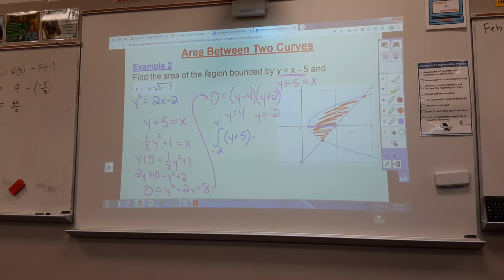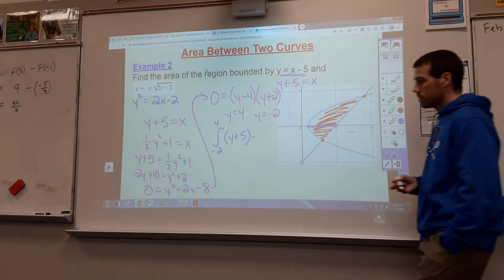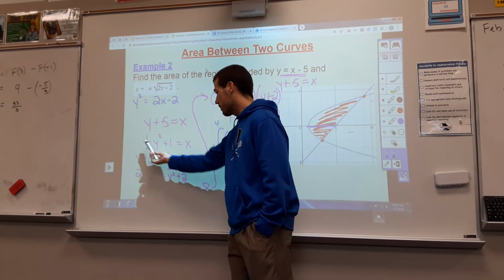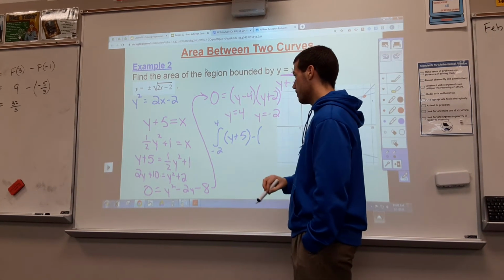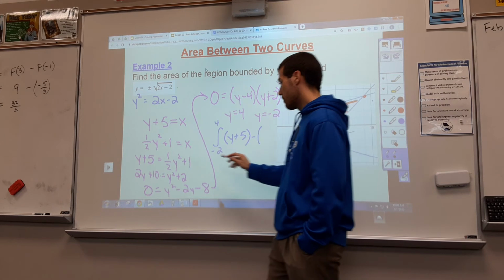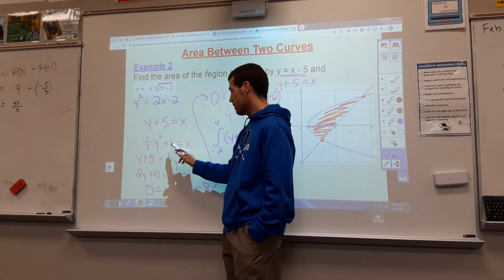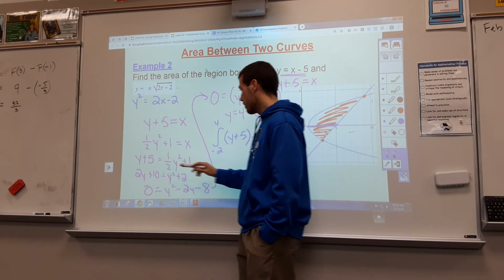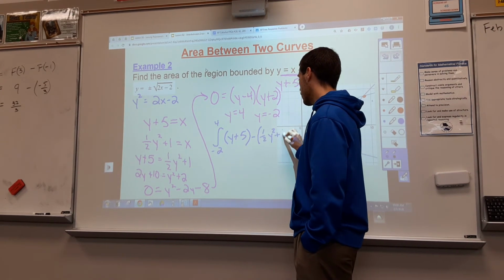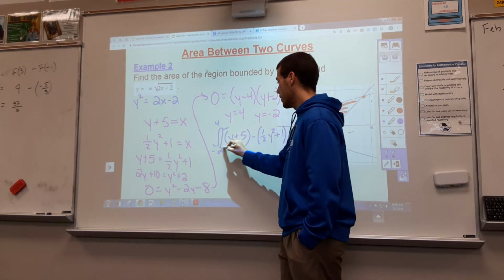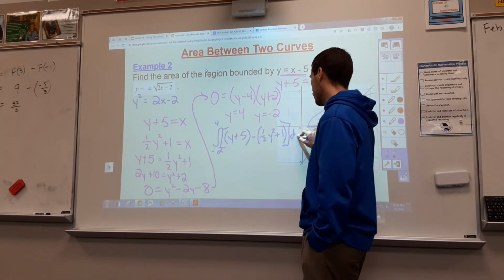We wrote it in terms of y here, so that's going to be subtract 1/2 y squared plus 1, dy. I multiplied all by 2 earlier, sorry.